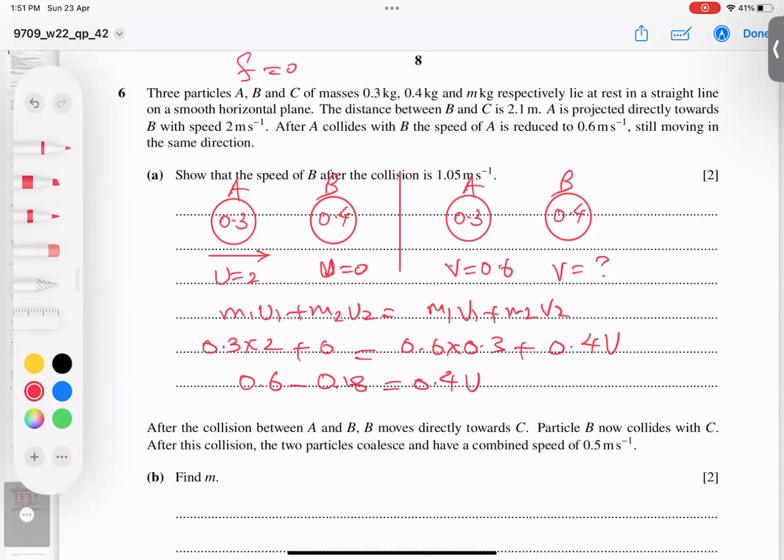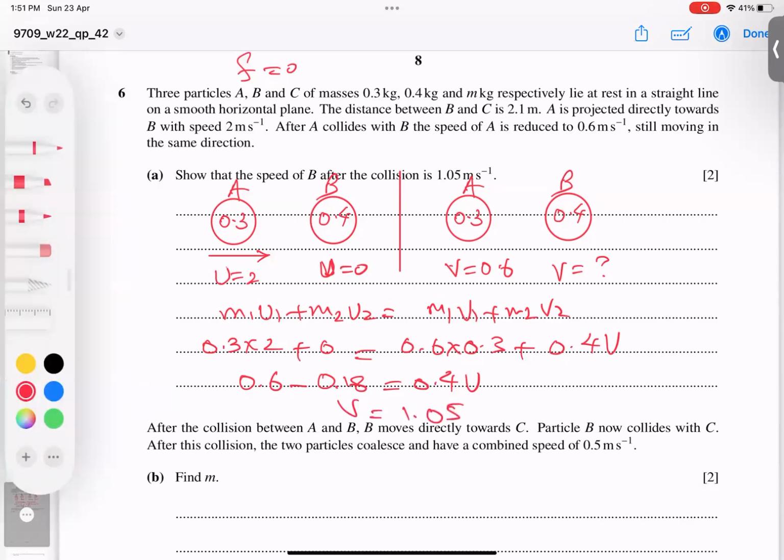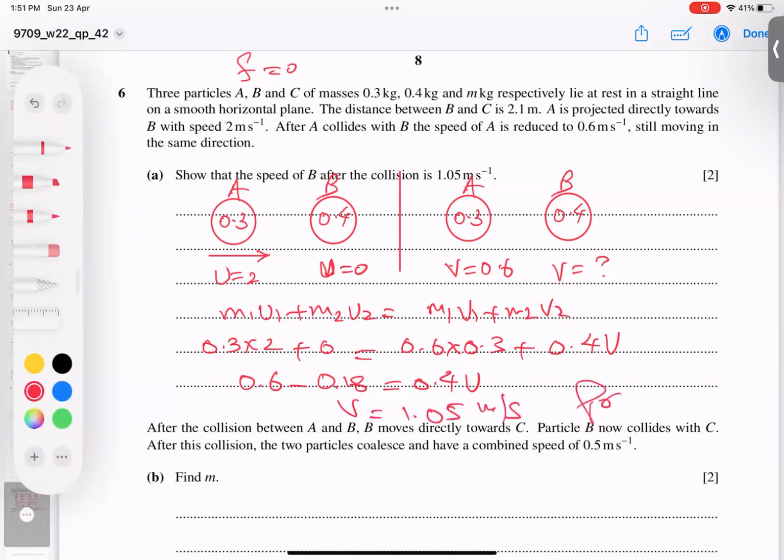So when I subtract this and divide by 0.4, the answer finally comes out as what they were demanding from us. v is 1.0 meter per second, proved. Alhamdulillah, that's 2 marks we gain.